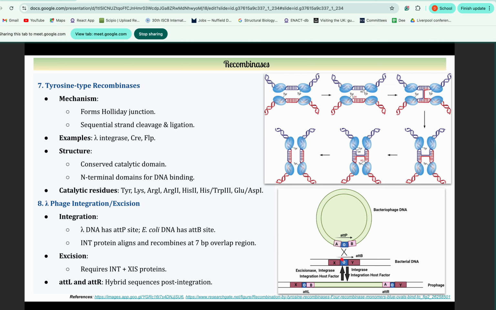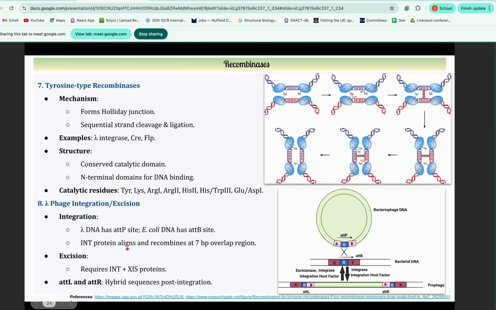Now in this case, the binding site in bacterial DNA is attB, whereas in the bacteriophage the binding site is attP. So att means attachment: attP is the attachment site in phage and attB is the attachment site in bacteria. Now this is the attachment site, and these are the two sites AB and XY. For integration, lambda DNA has this attP site and E. coli DNA has the attB site.